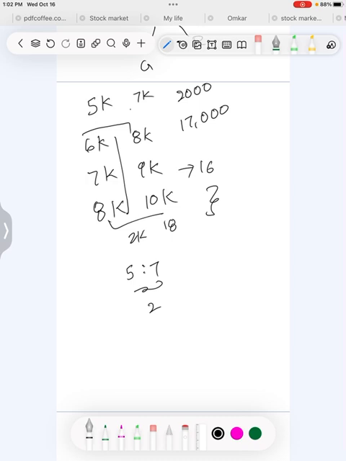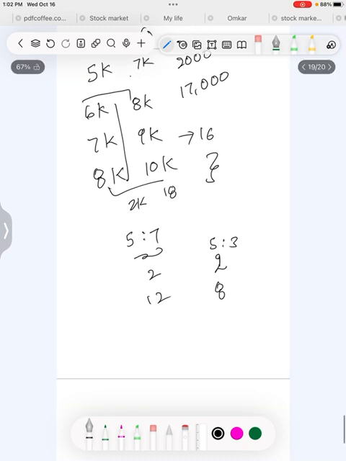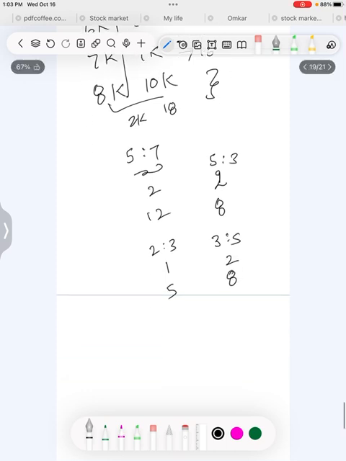No, 5:3, sorry, difference is 2, sum is 8. 2:3, difference is 1, sum is 5. 3:5, difference is 2, sum is 8. 3:2, difference is 1, sum is 5. Okay.